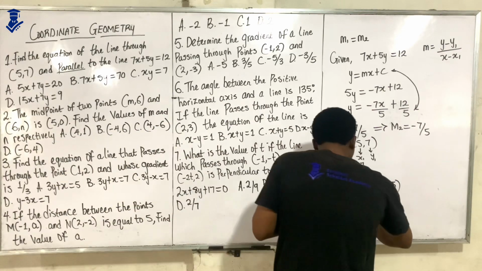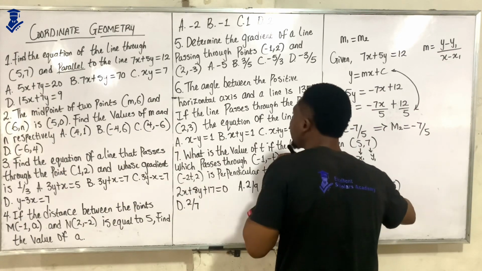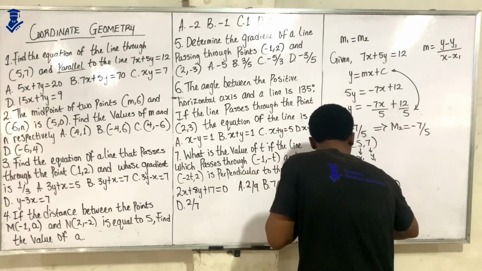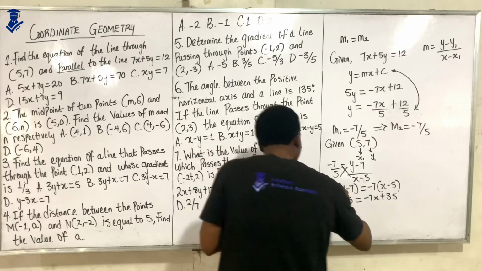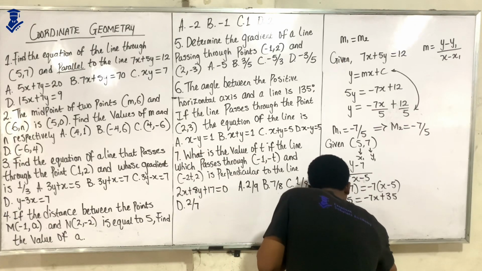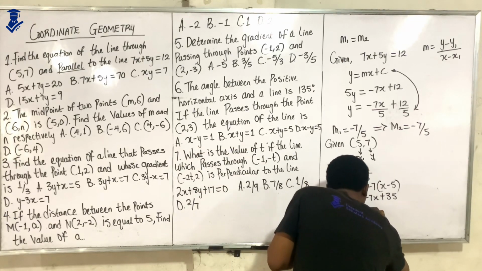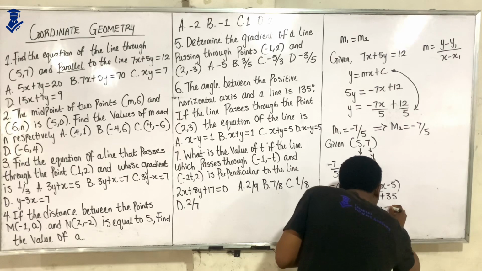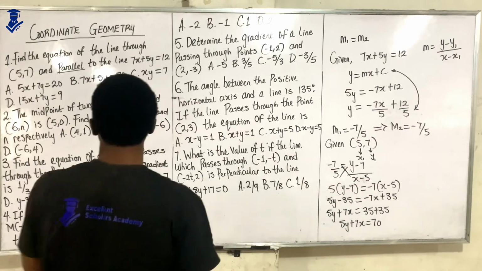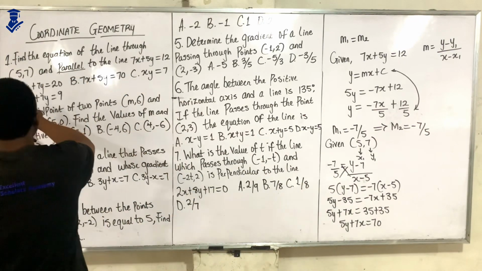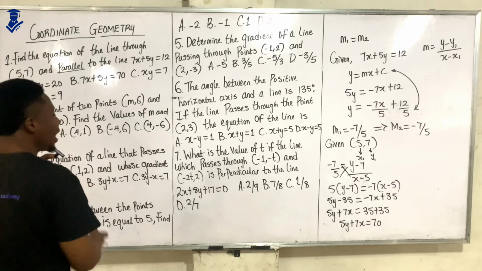Now, if we take plus 35 to this side and carry minus 7x here, it becomes 5y plus 7x is equal to 35 plus 35, and then it becomes 5y plus 7x is equal to 70. So, looking at the options here, our answer is out here already.